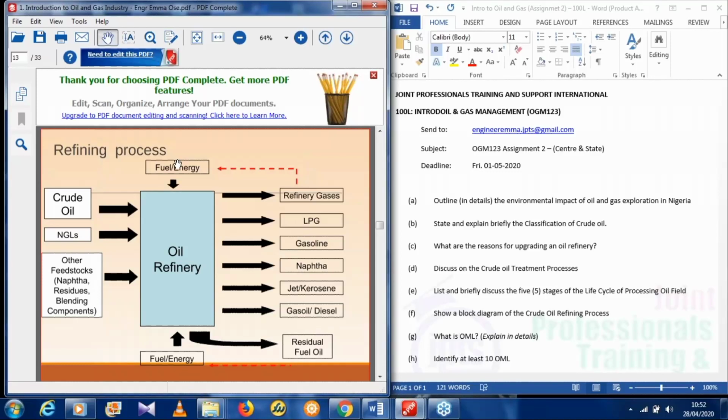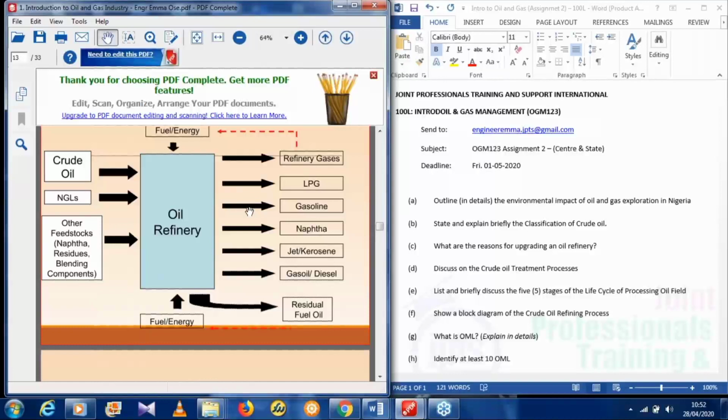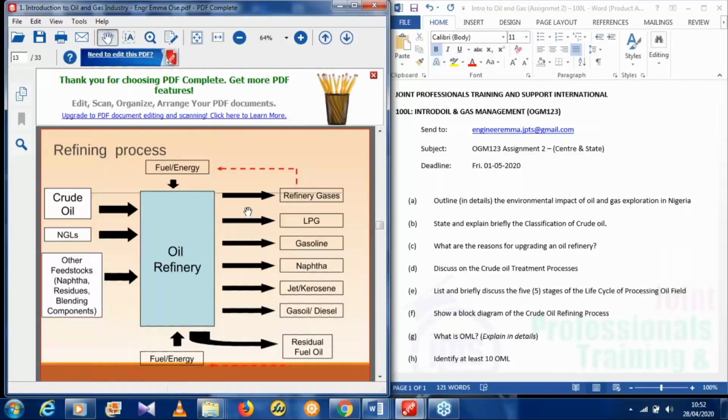But there is also a midstream between the upstream and downstream, and this is called the swamp operations, like the operations that happen in the creeks. There are some wellheads in those locations. For those of you that come from the south, there are some creeks in Delta and especially in the southern local governments.